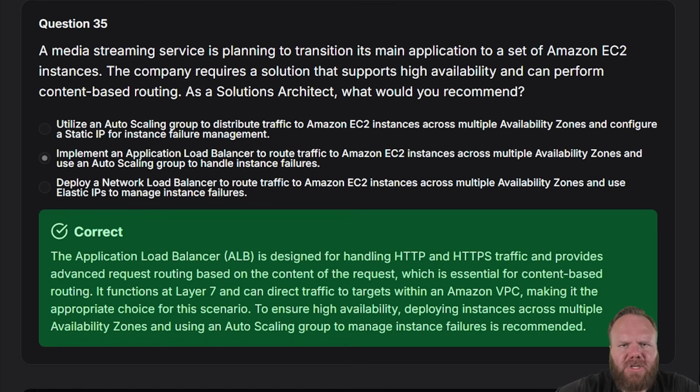The Application Load Balancer, or ALB, is a smart tool, and it can make routing decisions based on the content of the user's request, like the path and the web address, which is called content-based routing. And an auto scaling group automatically places servers across multiple separate data centers and will instantly replace any server that fails, which makes your entire system highly resilient.